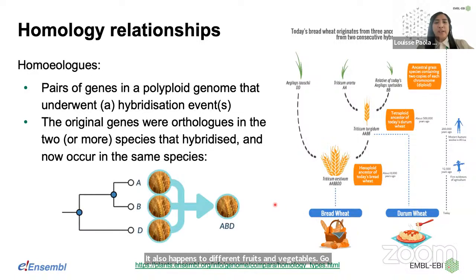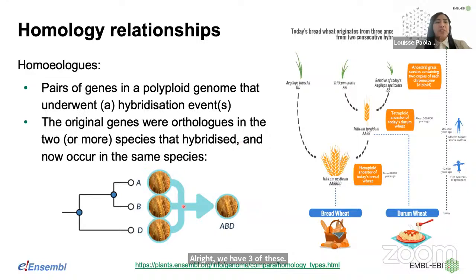Here we have another phylogeny and an example of homeologs. Homeologs are genes that were orthologs to begin with. We have three wheat species, each with their own ortholog.